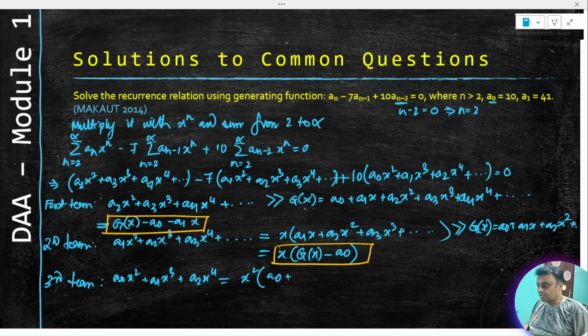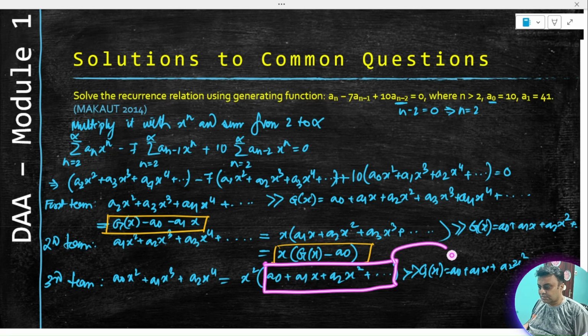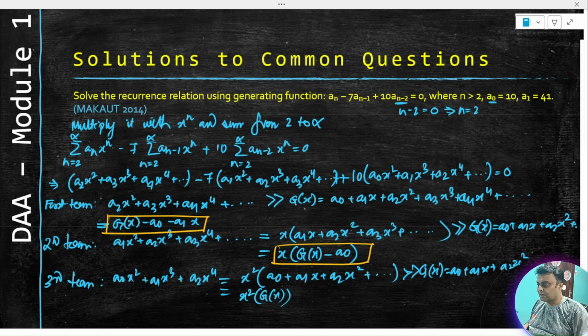Then you will get a naught, a1x, a2x square, and so on. And this, compared with gx equal to a naught plus a1x plus a2x square, you will see is the same as gx. So I can definitely put this gx here. So this becomes equal to x square gx. So that is my third term.